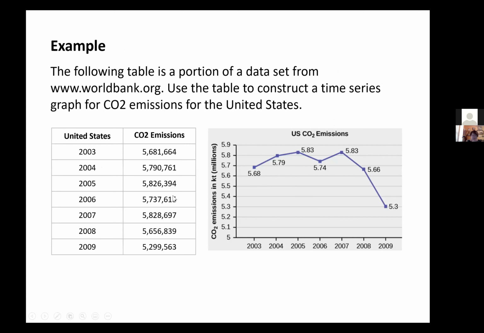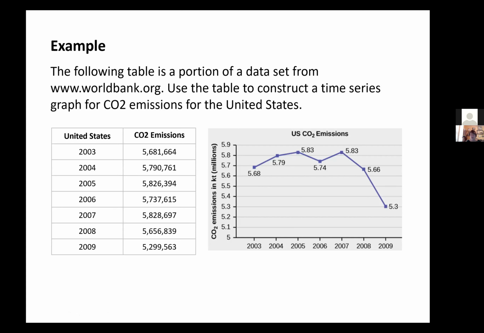So here is an example, speaking of global warming. You can see the horizontal axis is time. It is years starting in the year 2003 and going to the year 2009. And the vertical axis is the United States CO2, carbon dioxide emissions.